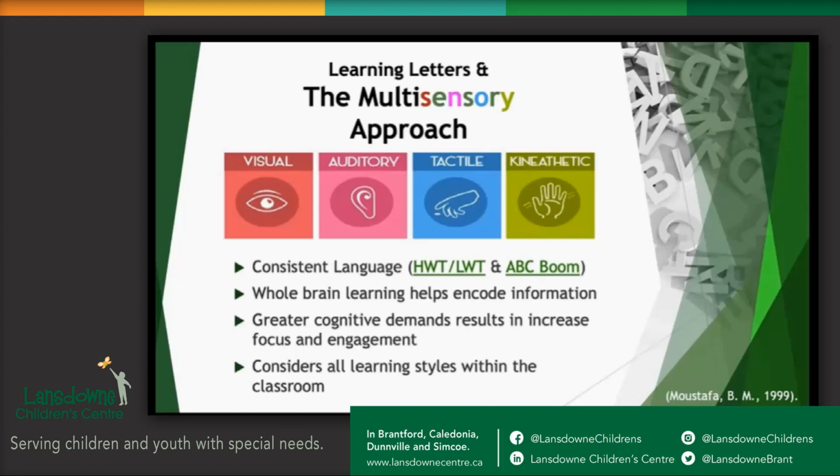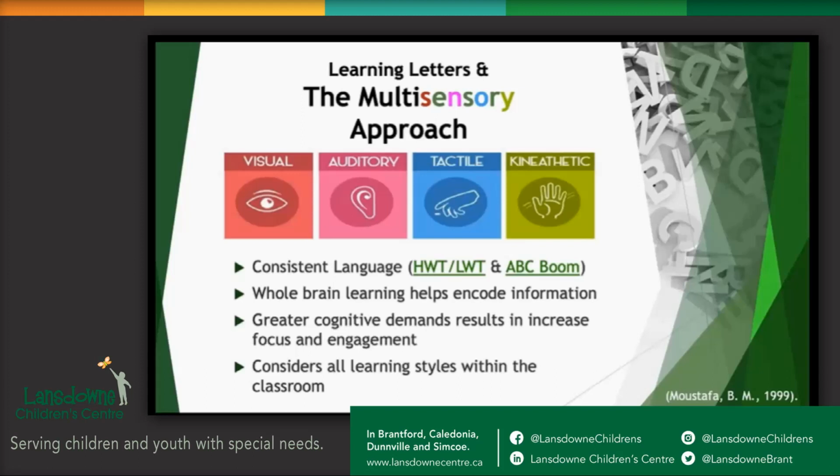There's research to suggest that this approach to learning is so effective because of three things. Primarily, these strategies stimulate the brain in a number of ways so that it involves each sensory system in their learning and helps to encode that information. It also engages multiple areas of the brain, which makes the cognitive demand higher, which makes focusing on what you're teaching easier.